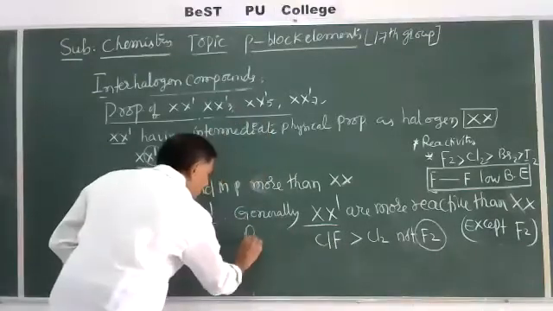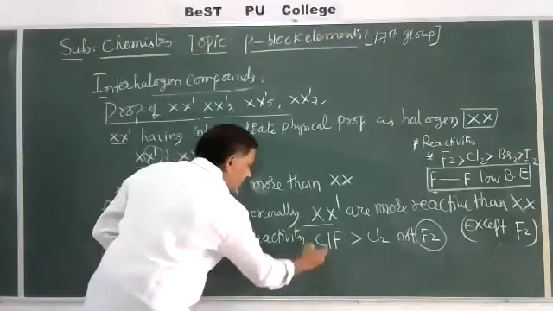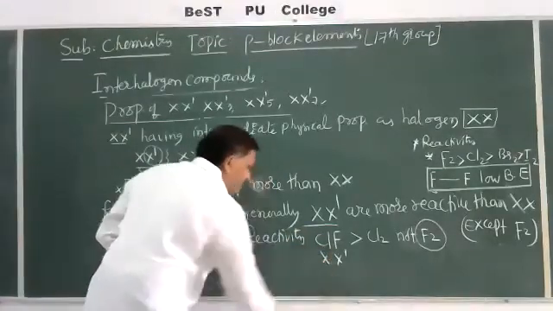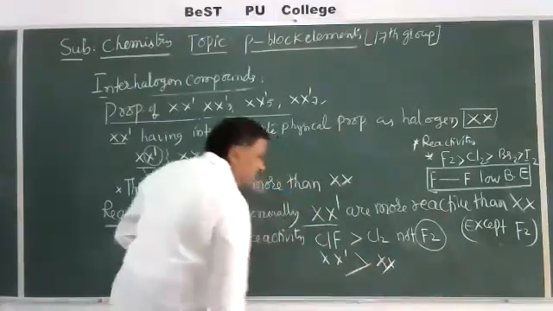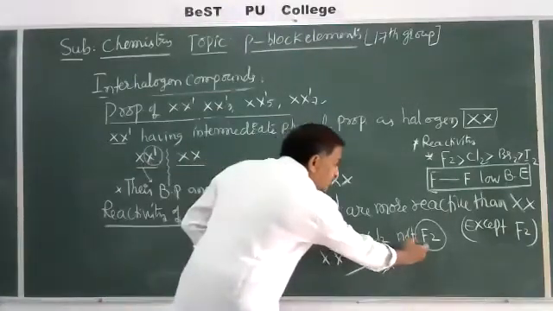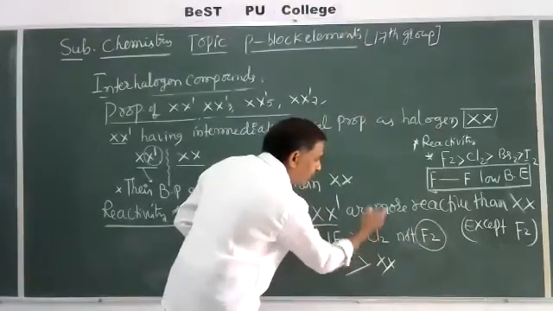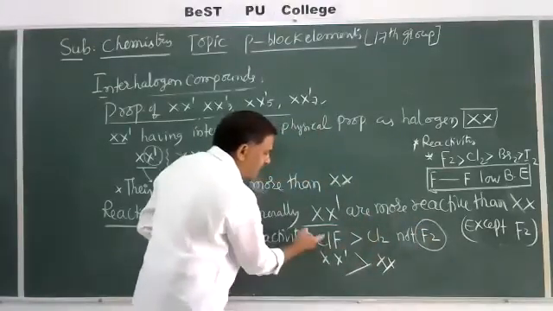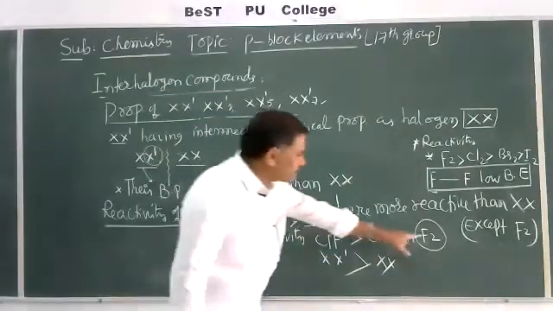The reactivity order is like this: X X' is greater than X2, but not F2. That is, except fluorine, the remaining halogens, chlorine, bromine, and iodine, have less reactivity. Interhalogen compounds' reactivity is more. Why is fluorine more reactive?